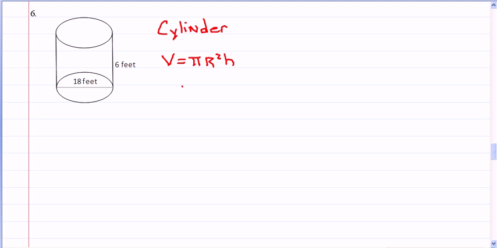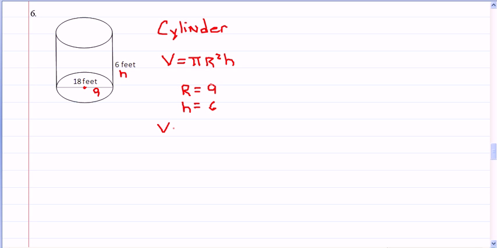So once again, I identify the radius and the height, all the parts of the formula. I'm going to leave pi in the problem, and I see that I have a diameter of 18 feet. So that means that the radius is half of that, so my radius is 9. 6 is the height.